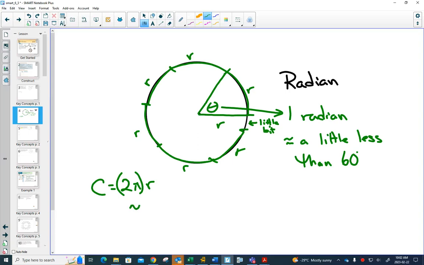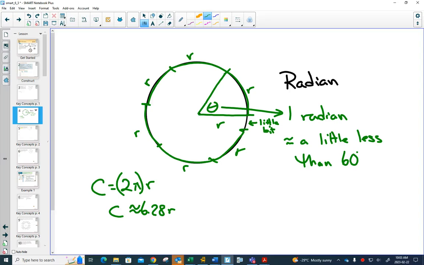But if I take 2 times 3.14, I get 6.28. That's an approximation. Of course, pi continues forever. So your circumference formula actually tells you how many radiuses there are around the circle. And every time you have 1 radius around the circle, you get 1 radian.